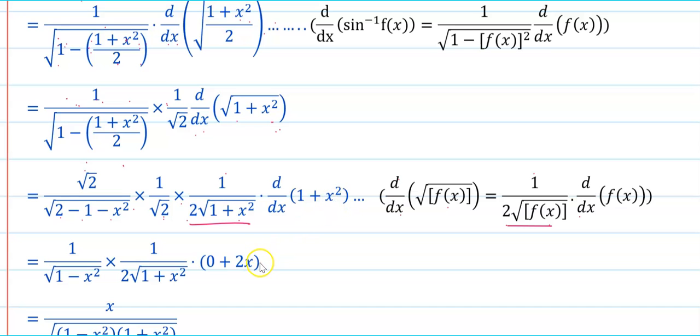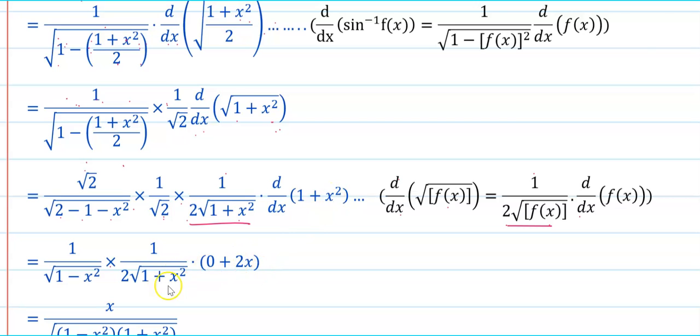Now the simplification. See here, the root 2 and root 2 will get cancelled. Then you will get 1 upon 2 minus 1, which means 1 minus x squared, that is 1 upon root of (1 minus x squared) into 1 upon 2 root of (1 plus x squared), into d/dx of 1 plus x squared, which is 0 plus 2x.